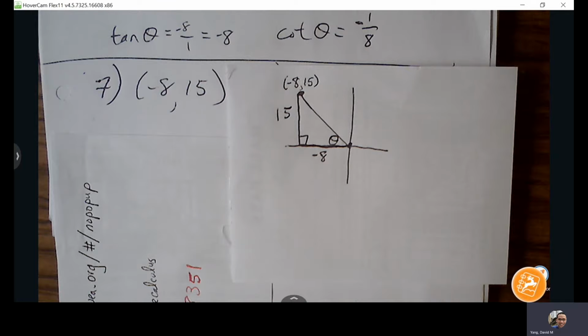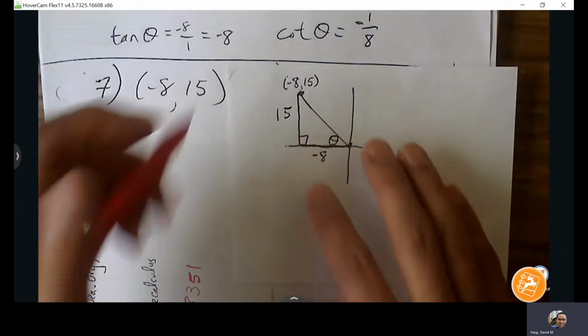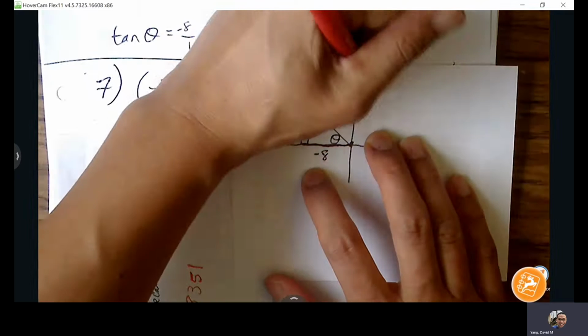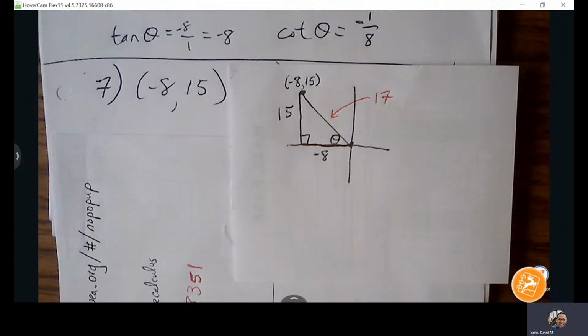Again, your hypotenuse is always positive. I think that can be reduced further. Can we get that down to a whole number? 17. Okay, yeah, so you take the square root of that, should be 17. And then find your trig ratios for each of the functions.